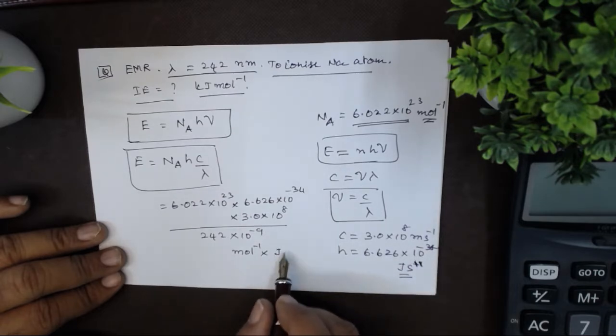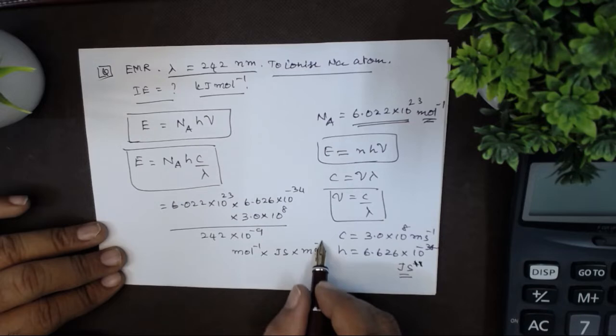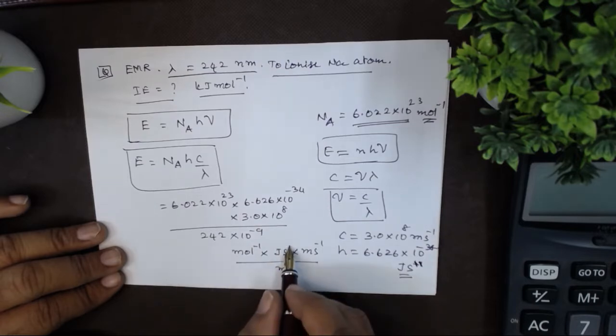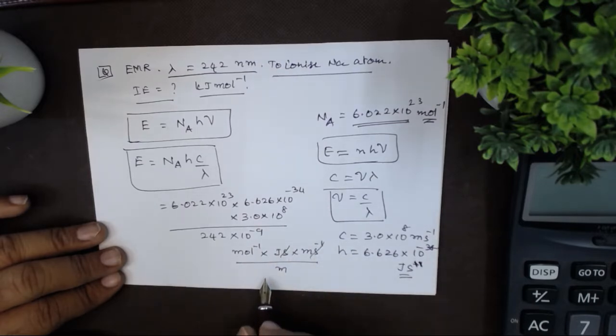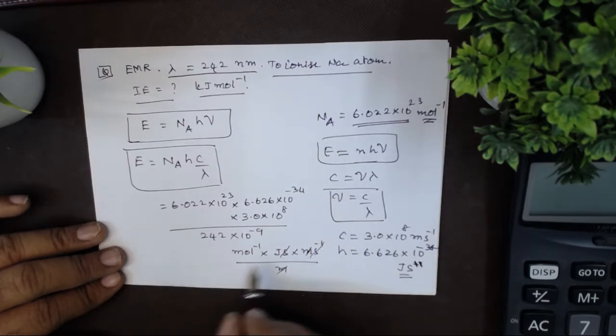The velocity of light is in meter per second, divided by lambda in meter. So s power minus 1 cancels, and m and m cancel. Now you have joule per mole, that's all.